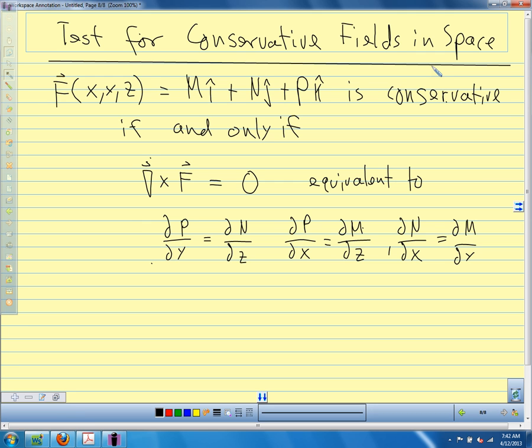We can do an example of testing for a conservative vector field in space and then finding the potential function. It's essentially the same as the last example we did. If you guys feel okay with this stuff, we can not do it. Want to do it? No. All right.